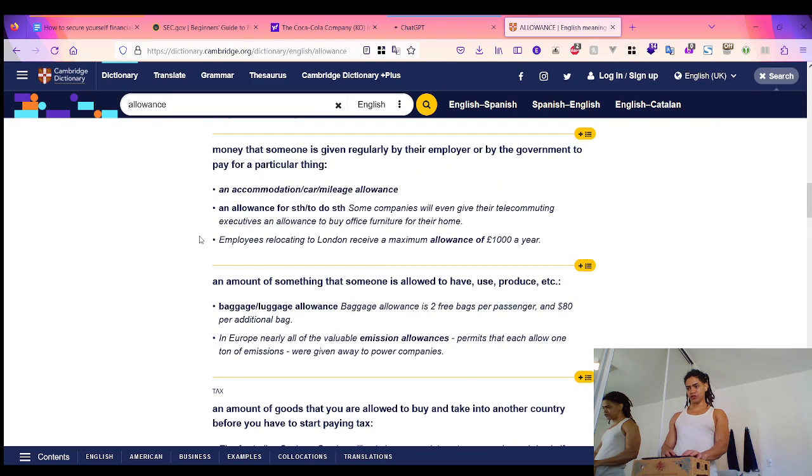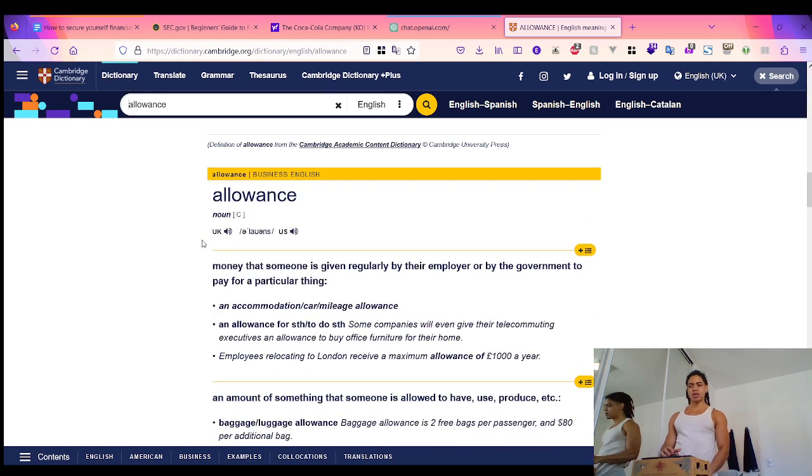An allowance is an amount of something that someone is allowed to have, use, produce, etc. For example, baggage allowance: two free bags per passenger and 80 per additional bag. But again, it is money that someone is given regularly by employers or by the government.